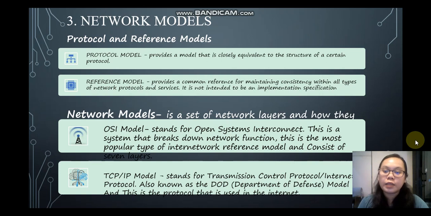This is a system that breaks down network functions. This is the most popular type of internetwork reference model and consists of 7 layers. TCP/IP model stands for Transmission Control Protocol Internet Protocol, also known as the DoD model, and this is the protocol that is used in the Internet.